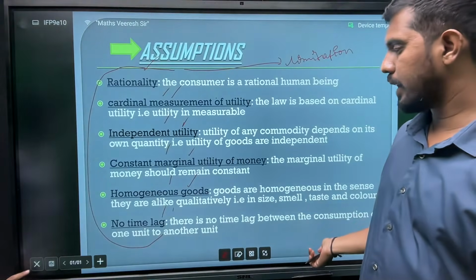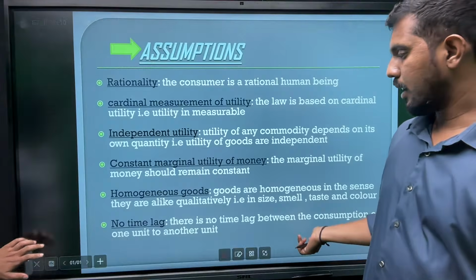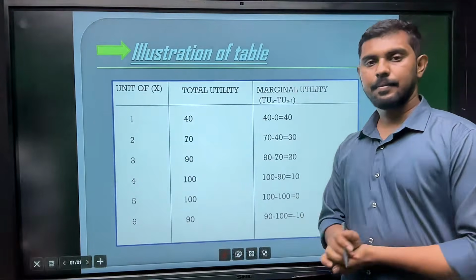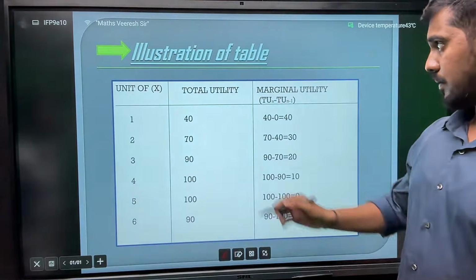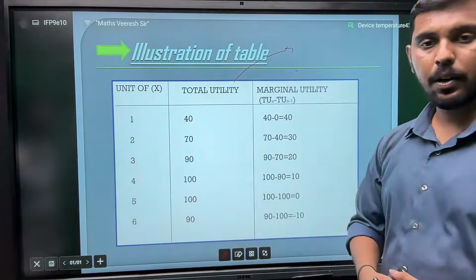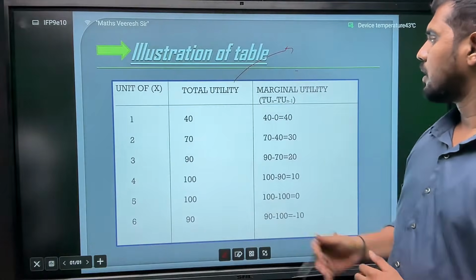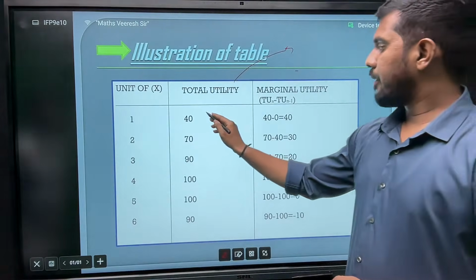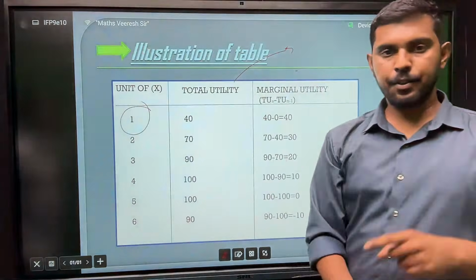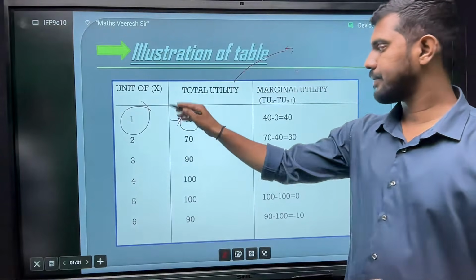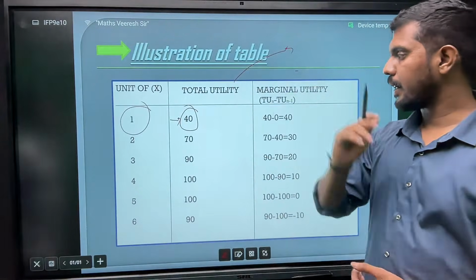And next we will go to the explanation of the table and the graph. So, the table. Total utility is nothing but the total satisfaction from all commodities. When a person consumes 1 apple, he gets total utils of 40.